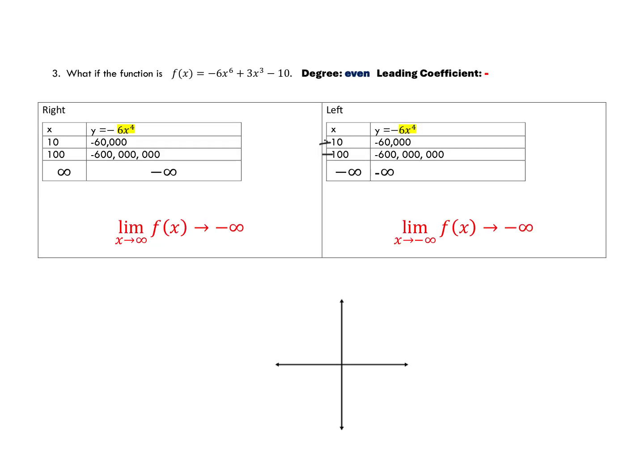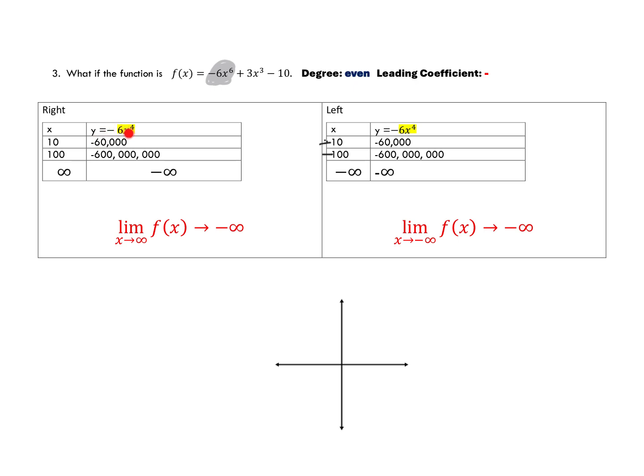Okay, now let's consider another function. If you look at this function, I want you to notice that the leading coefficient is negative, but the degree is still even. So what is happening? Again, I take the first term, I plug in 10, I get a negative number because the negative is out here.